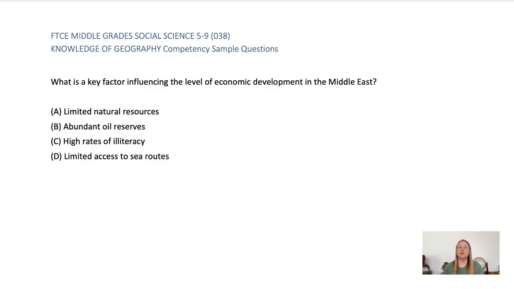A, limited natural resources is incorrect. This is not true for the Middle East, which is rich in oil, a major natural resource. C, high rates of illiteracy is incorrect. While education varies across the region, it is not the main driver of economic development. D, limited access to sea routes. This is incorrect.